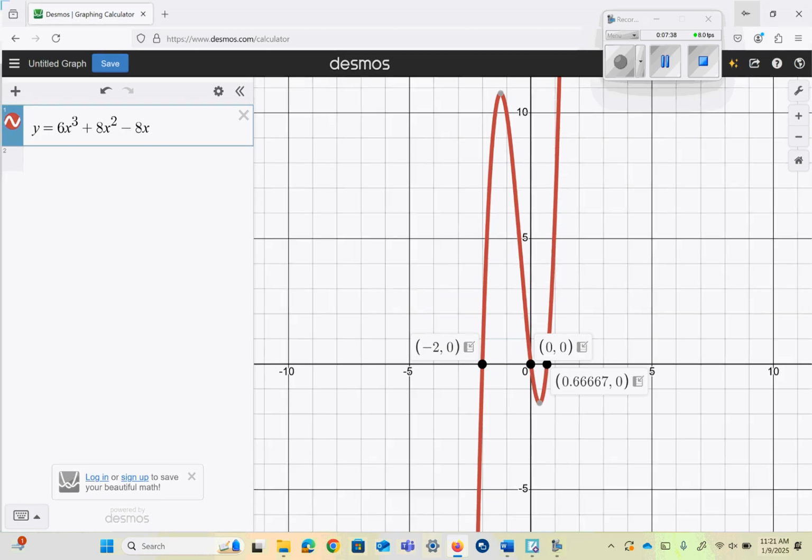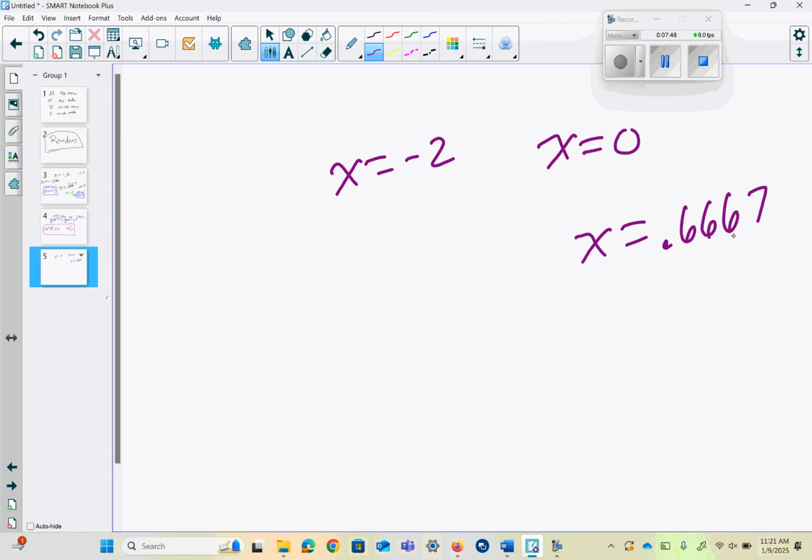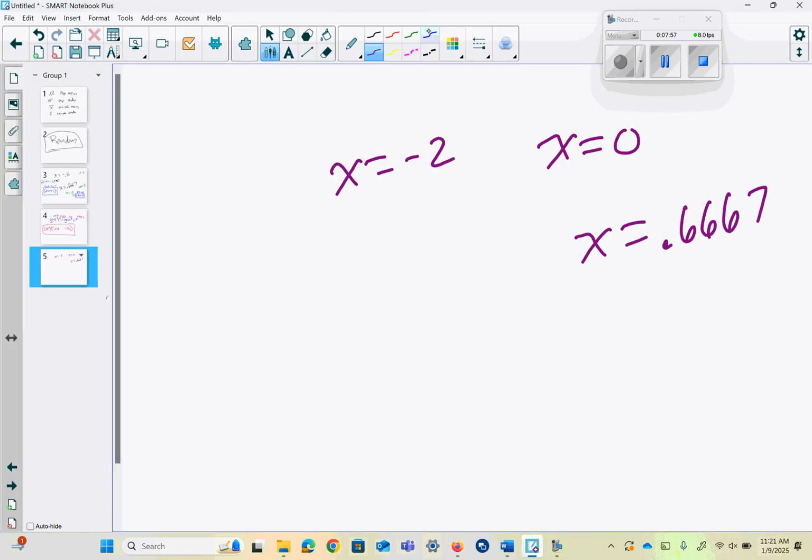So I have x equals -2, x equals 0, and x equals 0.6667. Am I still correct? Did I do it right? I did. All right. So what's the binomial for this one?